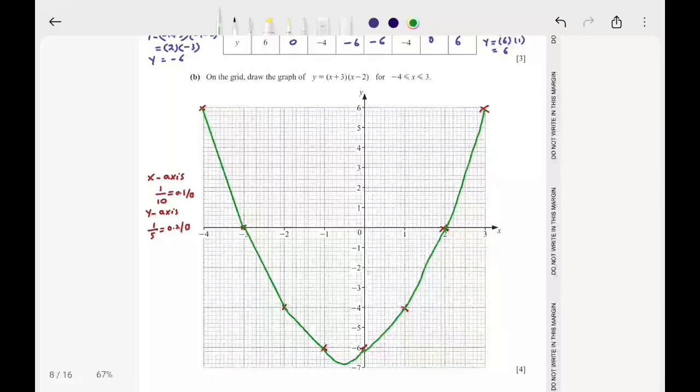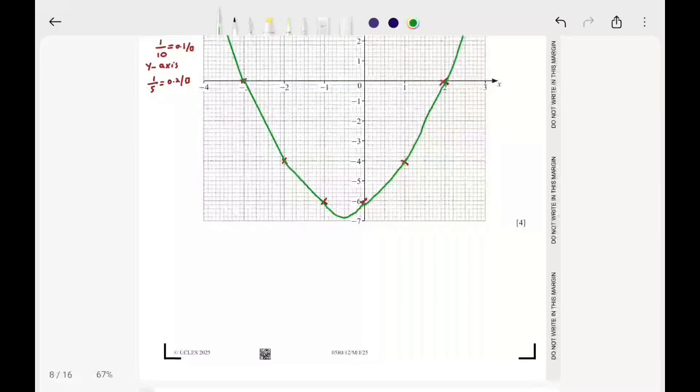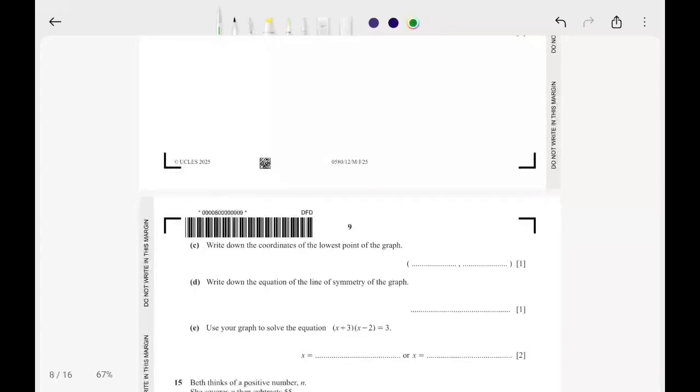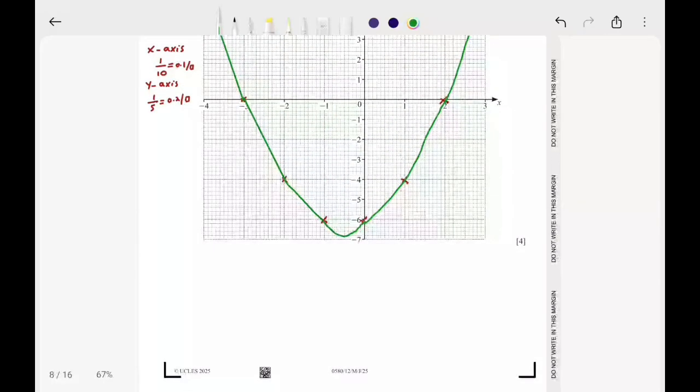Now, afterwards, write down the coordinates of the lowest point of the graph. So your lowest point is this one, and that is in the middle of minus 1 and 0.